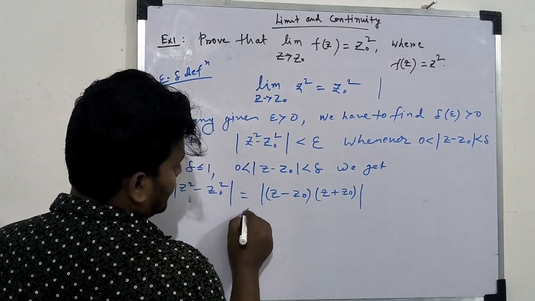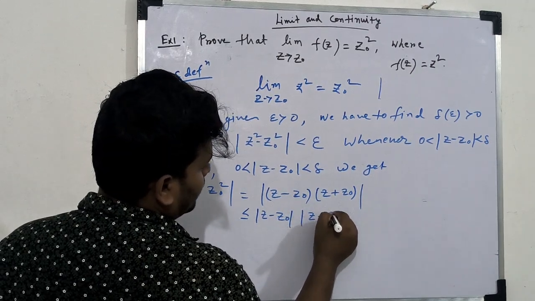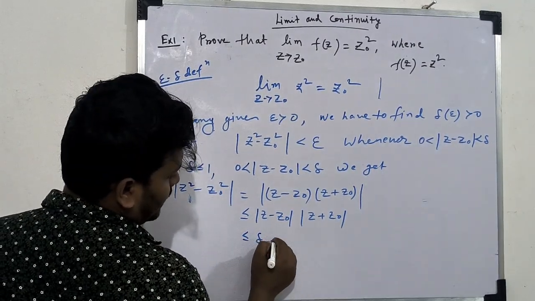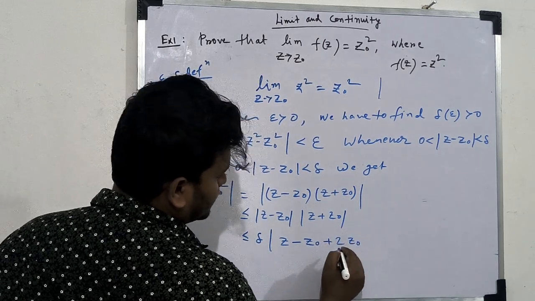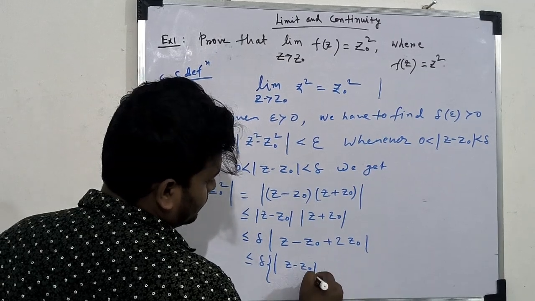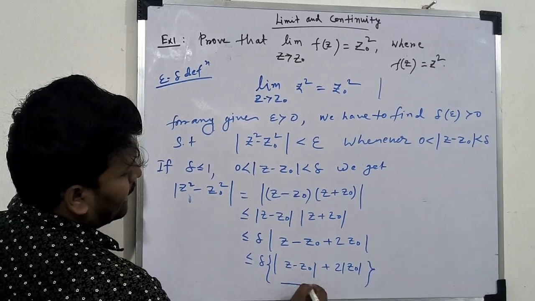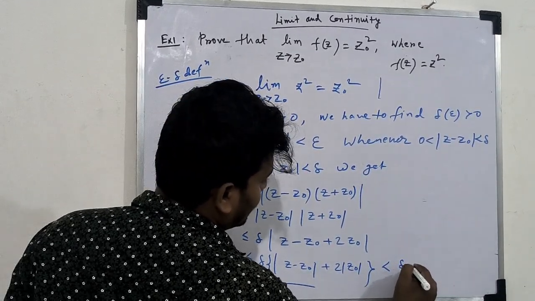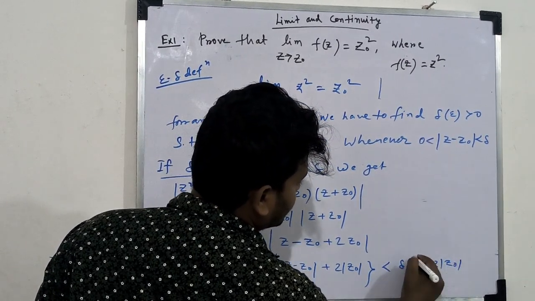This can be written as z minus z0 times z minus z0 plus 2 z0. Here the modulus of z minus z0 is less than delta, which is at most 1, so we get delta times 1 plus 2 modulus z0.